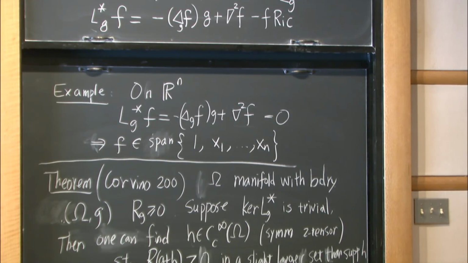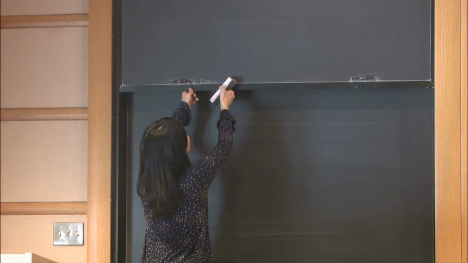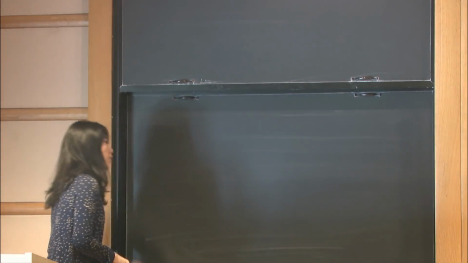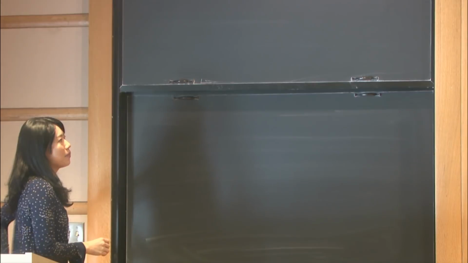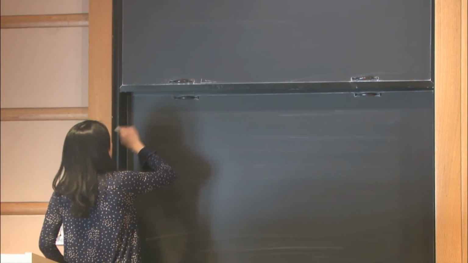Okay. So we want to study the analogous deformation problem for the dominant energy condition. So let's revisit what the dominant energy condition is, and I will also introduce some notation.